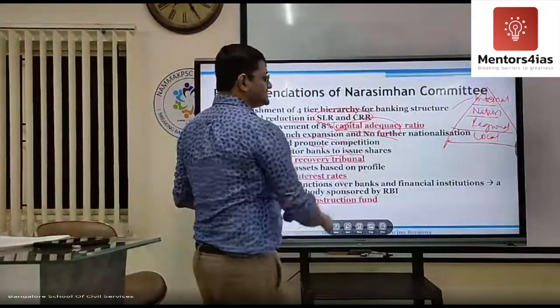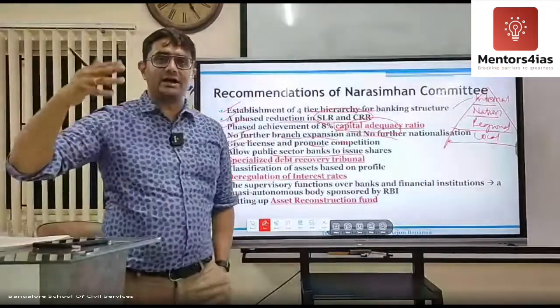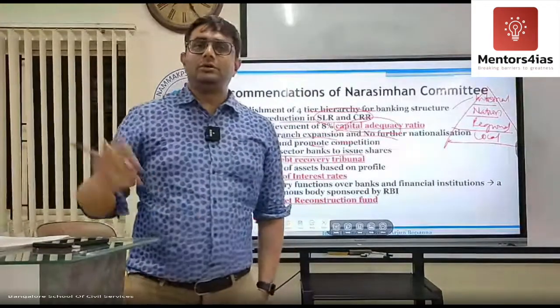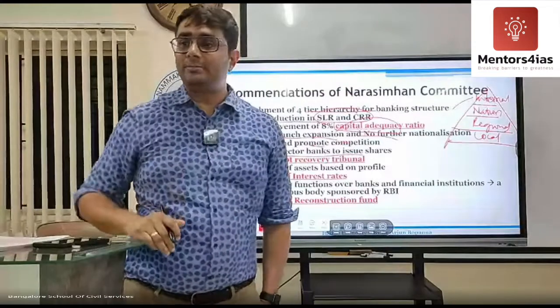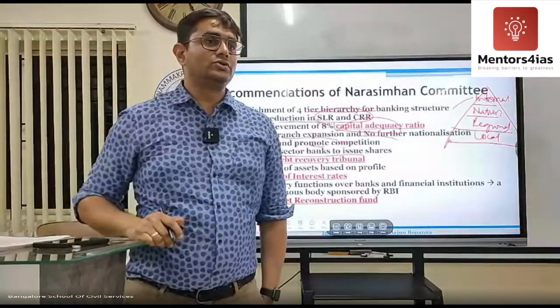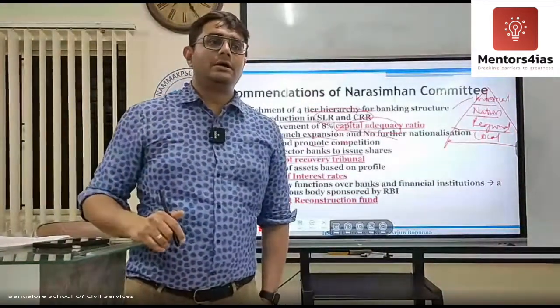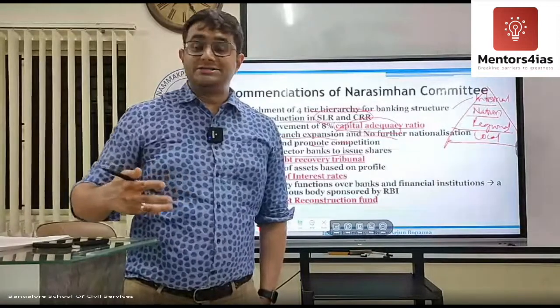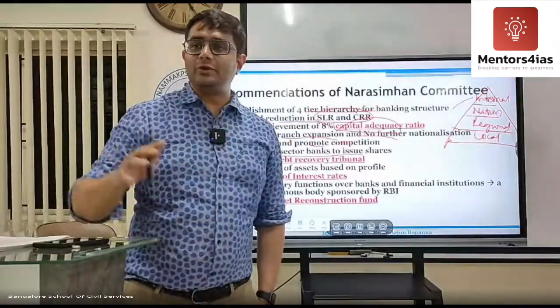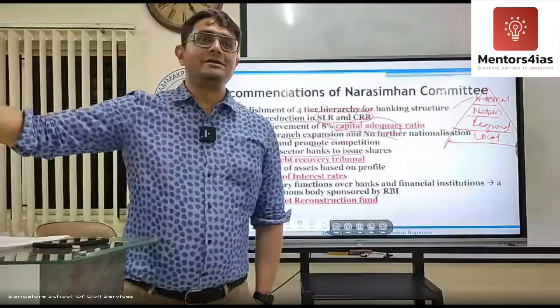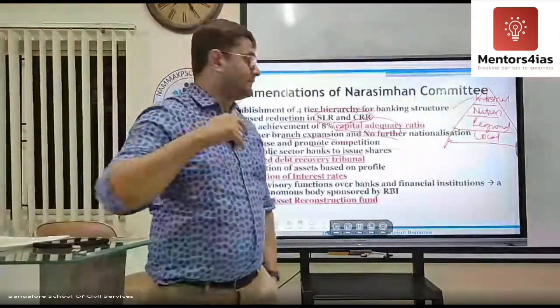Then, allow public sector banks to issue shares so that the government's shares will get diluted. You will have external accountability, right? So it will bring in more changes, internal changes within the operation of the banks. Because when you are accountable to a shareholder, you will have to bring about internal reforms.